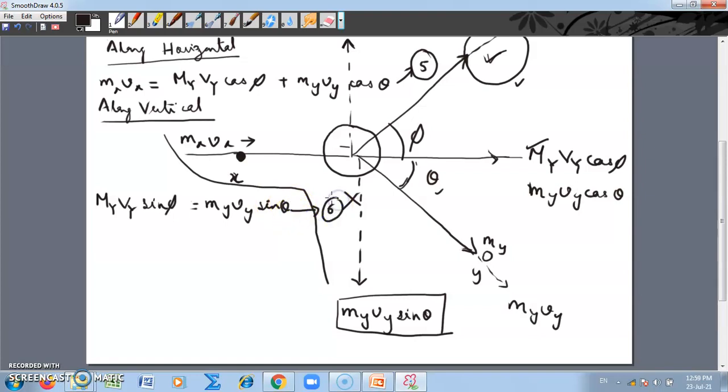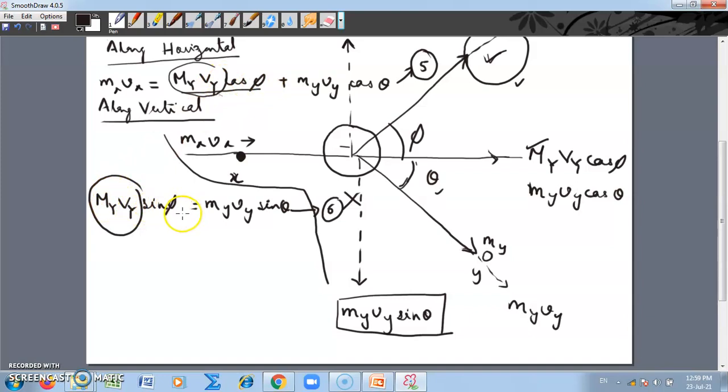So students, what we can do is eliminate phi. How can we eliminate phi? You take this on the right hand side, so we have my vy, and then we also have my vy. If I take this on the left hand side and take the rest on the right hand side and square them, we have my square vy square cos square phi and my square vy square sine square phi.